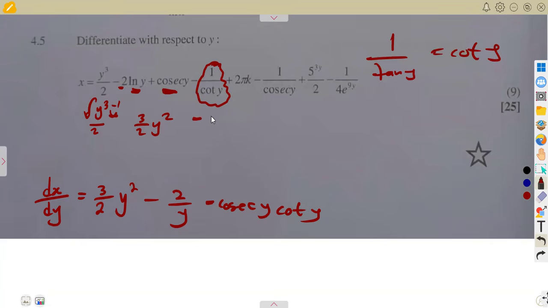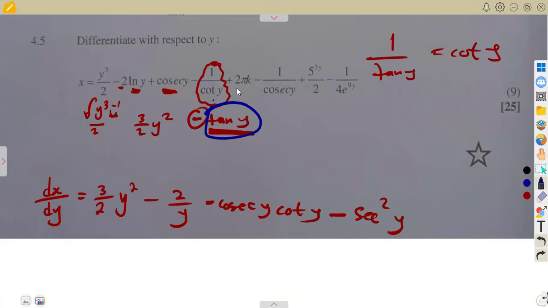So this one is simply minus tan y. So what is the derivative of a tan? That's a sec squared. But already there's a minus, so it was going to be minus sec squared y. So you were supposed to simplify first. 1 over cot, it's a tan. Then the derivative of a tan is sec squared.